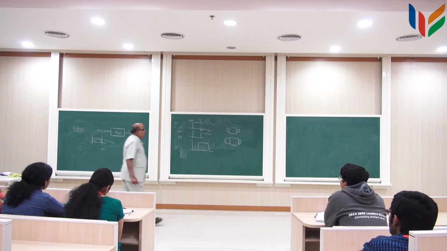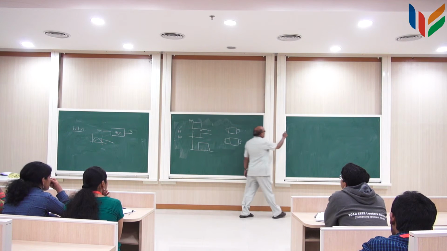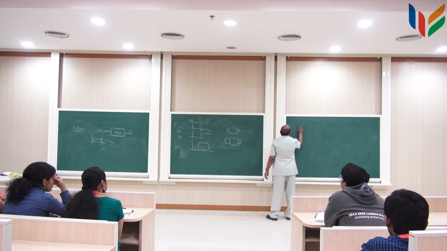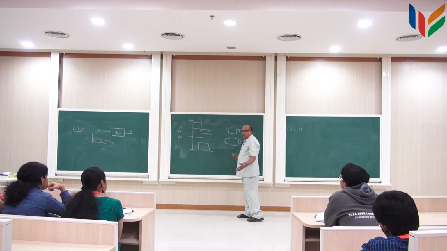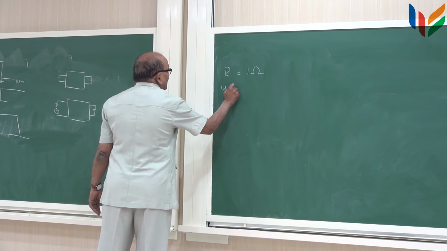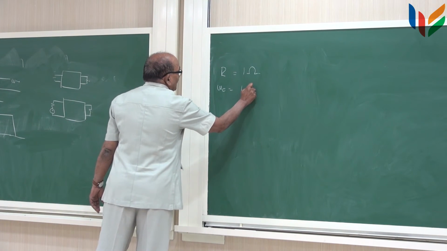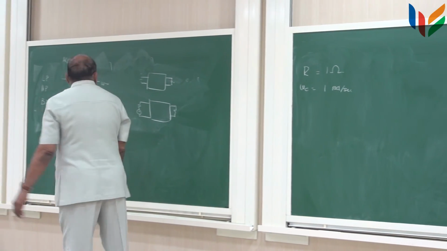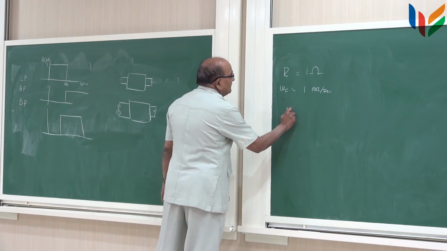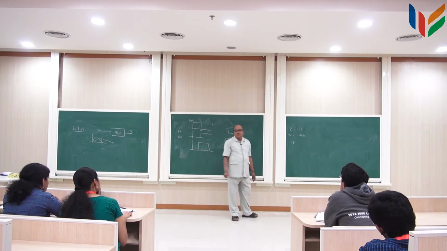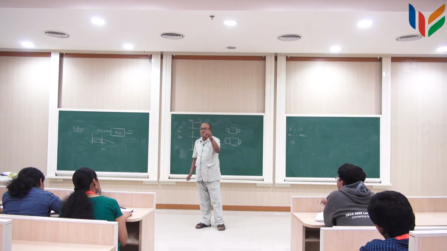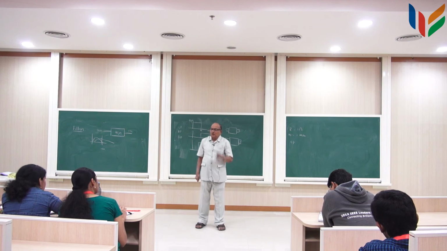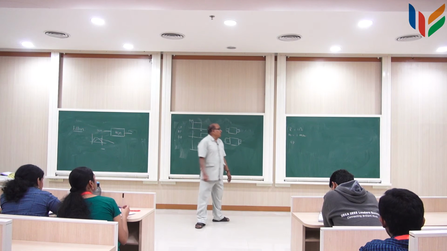In the prototype filter, we make the assumption that the resistance level is equal to 1 ohm. The omega c is always taken to be equal to 1 radian per second. And we only design a low pass filter. The impedance level is 1 ohm and the cutoff frequency is 1 radian per second, and it is a low pass filter.